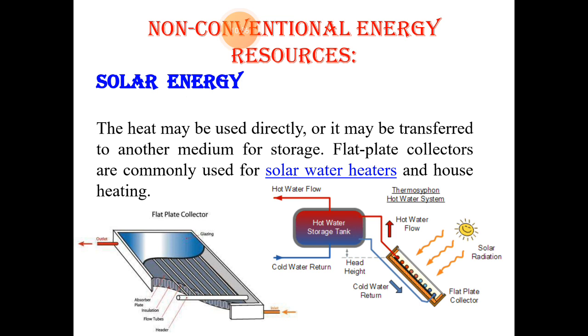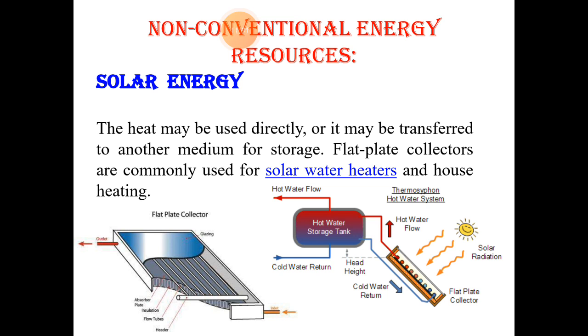The black color here has the property of maximum absorption of sunlight. This heat is transmitted to the air or water that flows at the back of the black metal plate, hence commonly used in solar water heaters and household heating purposes.